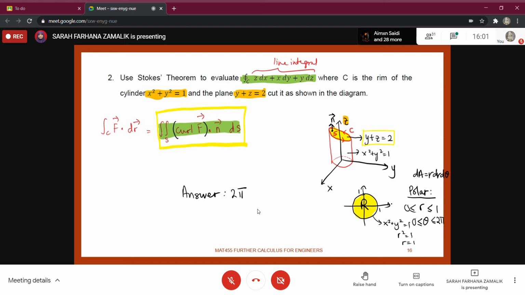Try it, if you don't try, you won't know. The answer is you should get 2 pi here. Make sure you calculate correctly. InsyaAllah you get 2 pi. Can you? Can, Miss. InsyaAllah.